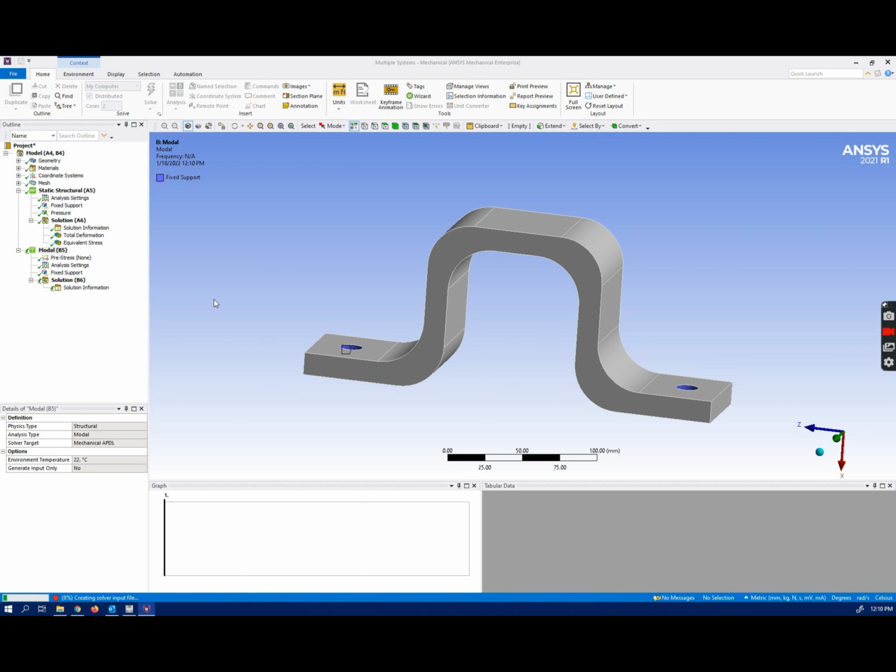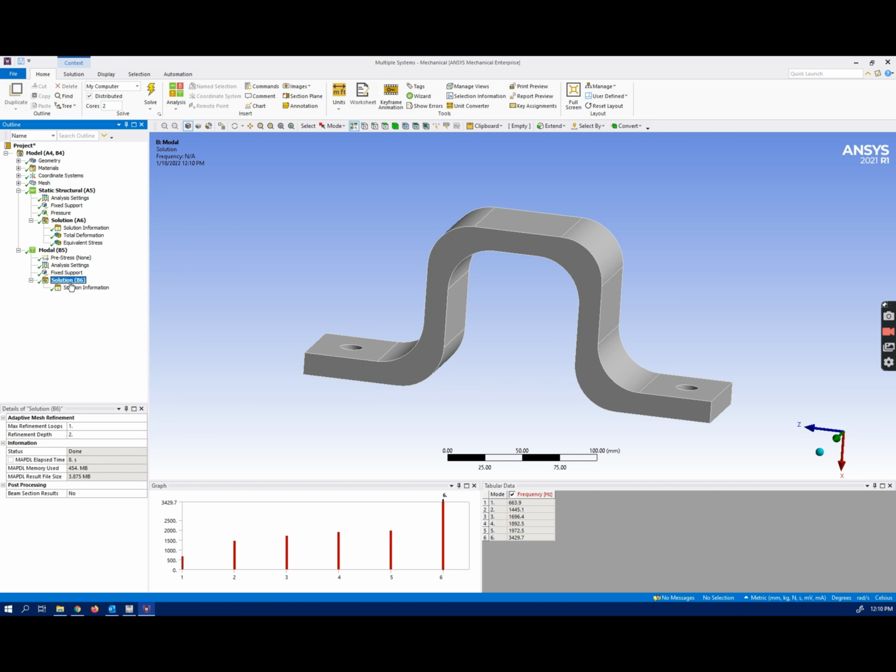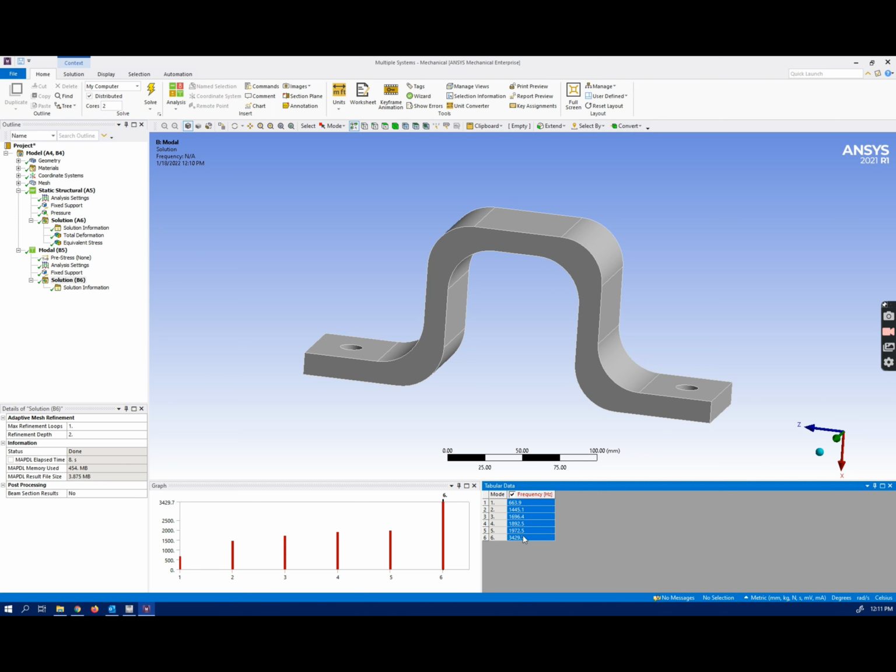So Ansys is going to solve this modal analysis for this geometry and find all the natural frequencies and their corresponding modes, which is very important for us. Okay, let's see the solution. We have 6 natural frequencies starting from 600 to 3000 hertz. This is just natural frequencies. We don't have the modes here.